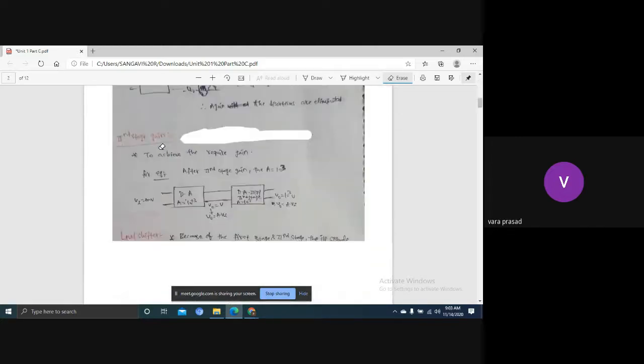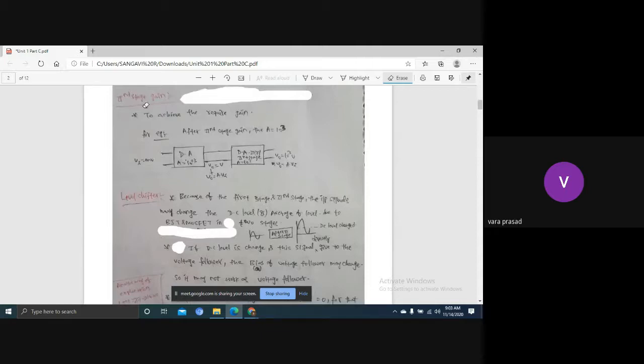Okay. Second stage: the second stage differential amplifier. What is the use of the second stage differential amplifier? In the first stage we get gain, but that gain is not sufficient. To achieve the required or expected gain, that's why we use one more differential amplifier.